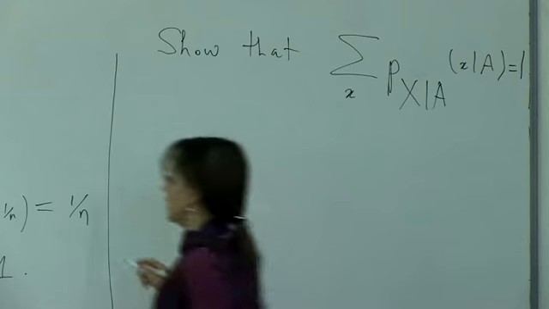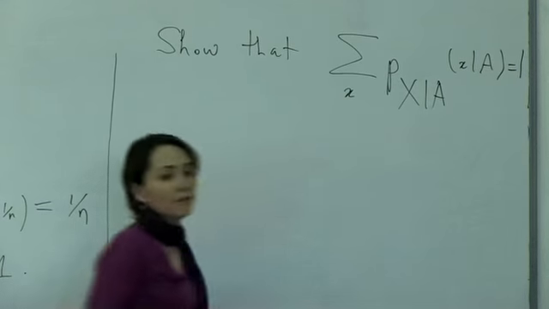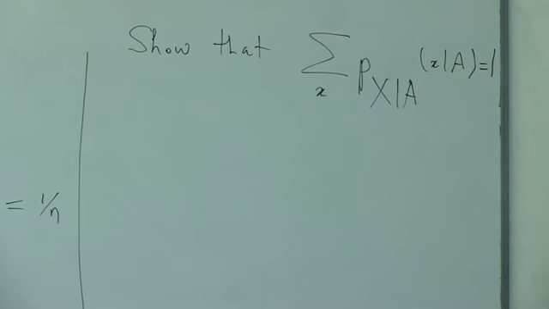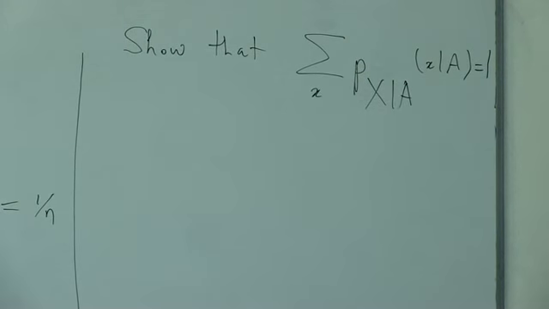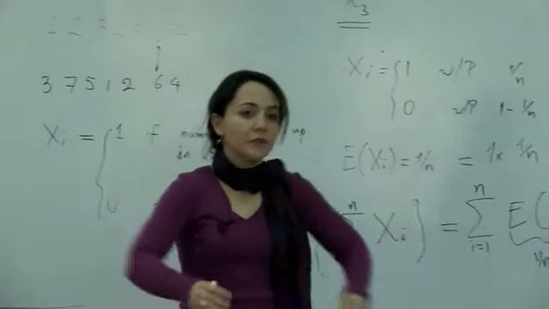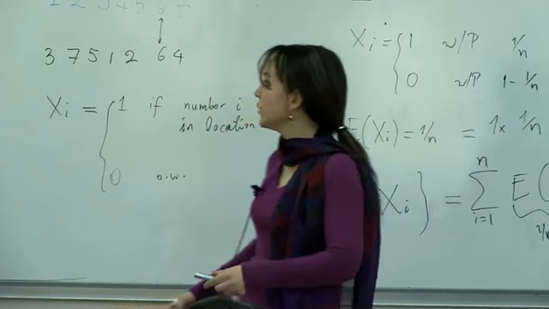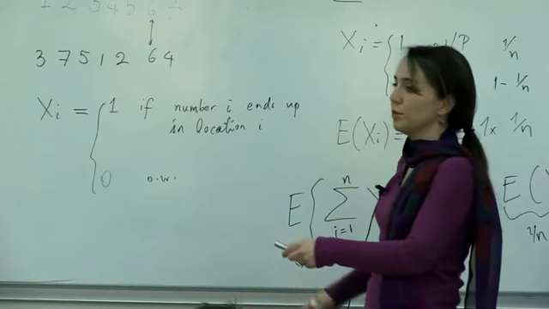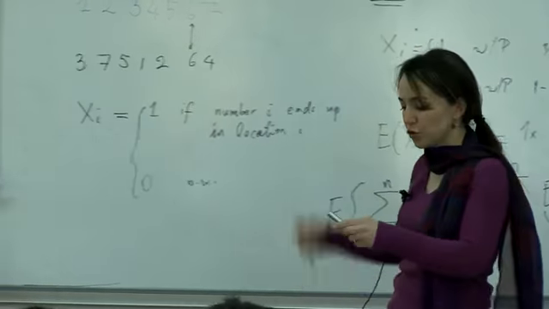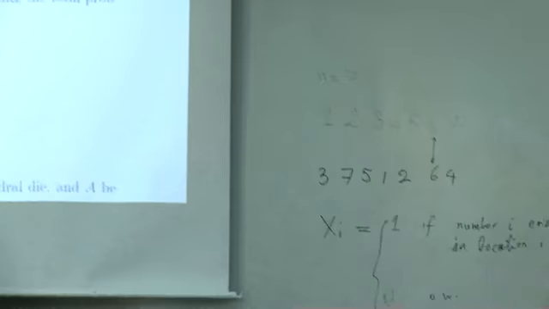Now, P_{X|A}, what is it a function of? Just one parameter. This tells you that, given A happened, what is the new probability mass function of X? Let's do this example first, and then we can worry about this. Just to understand the notation, it's going to be useful to do this example first.